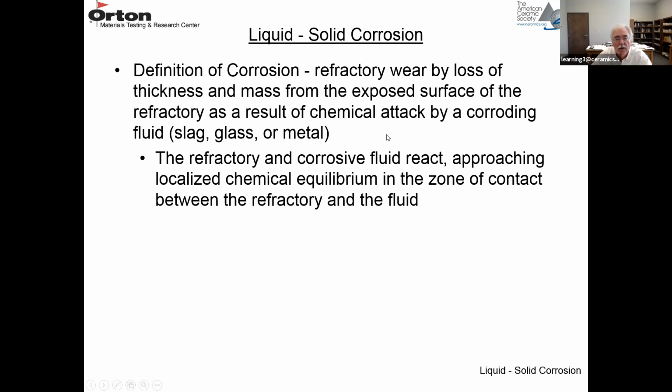So you're removing material by a chemical reaction. The refractory and the corrosive fluid react. And at the hot face where this reaction is taking place, you're approaching a localized chemical equilibrium right at the zone of contact between the refractory and the fluid.